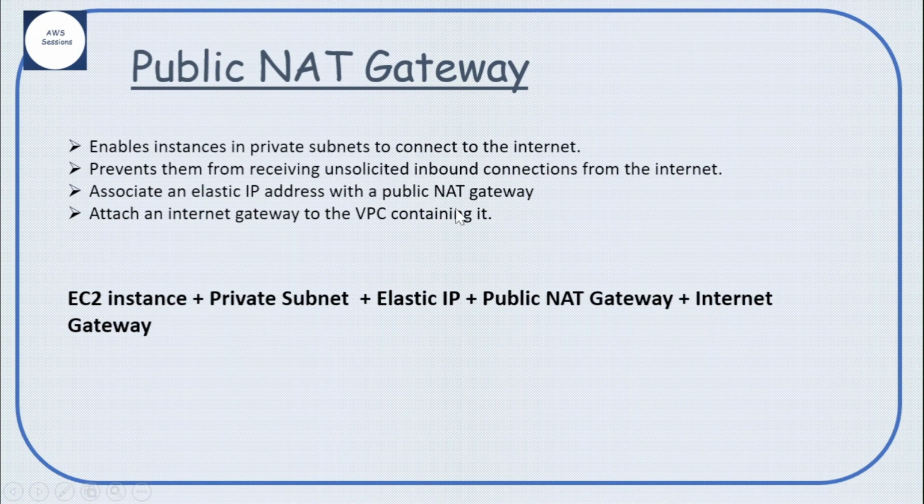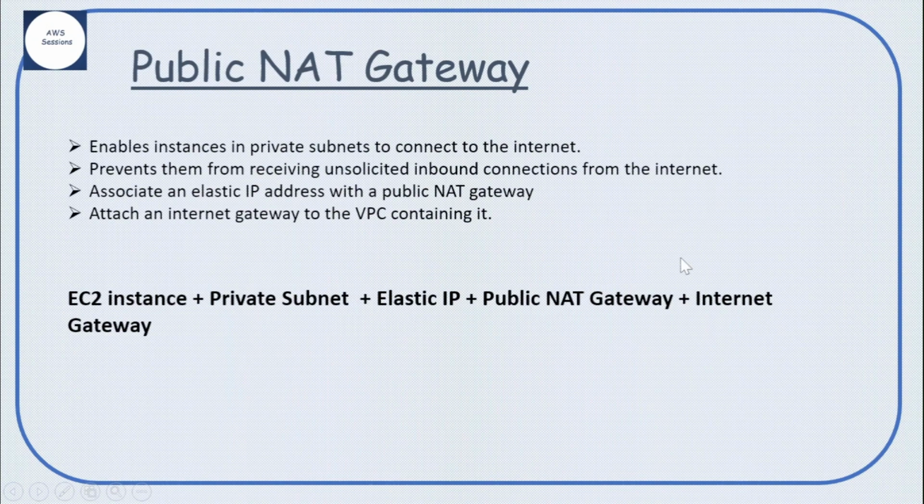The first type of NAT gateway is a public NAT gateway. Suppose you have instances that are created in private subnet and you want them to connect to the internet. This is the requirement. So how can you do this? You have instances running in private subnet, so you need to create a public NAT gateway, and that will have an elastic IP assigned to it.